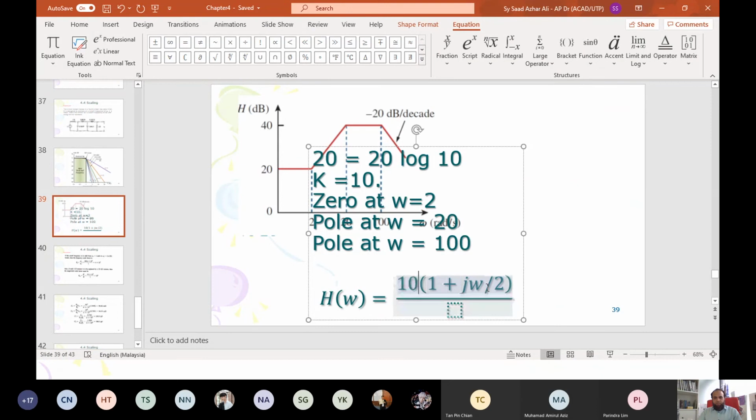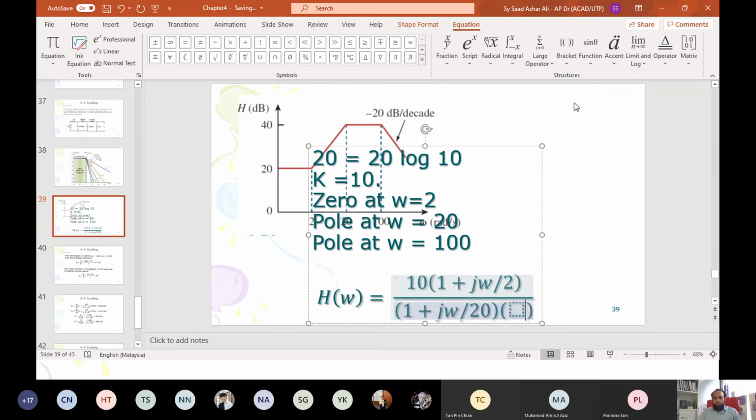And in the denominator will be, where is it? How can I go down there? There will be a pole at 20 and a pole at 100. So 1 plus j omega by 20 and 1 plus j omega by 100.